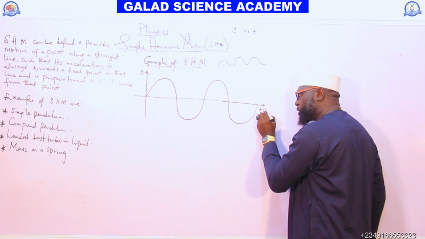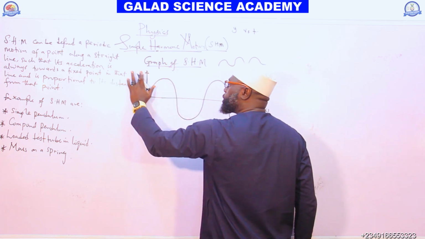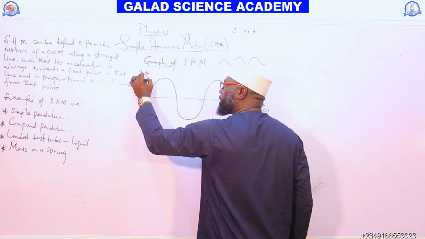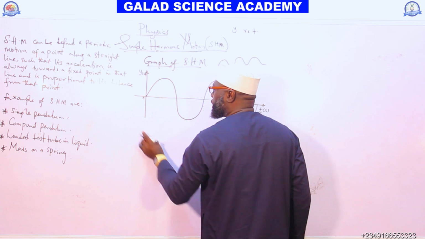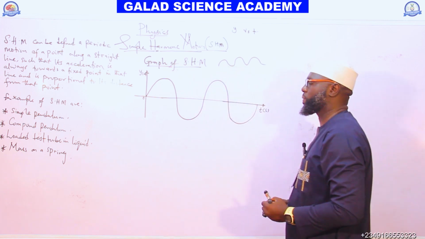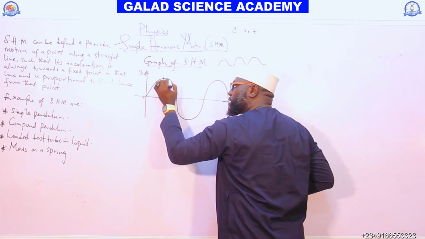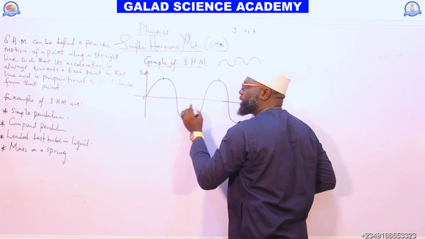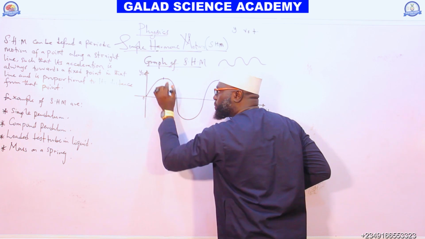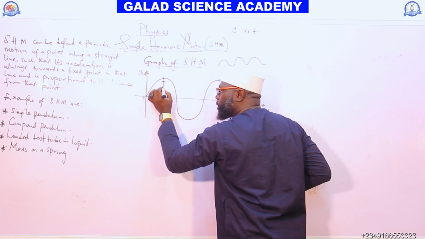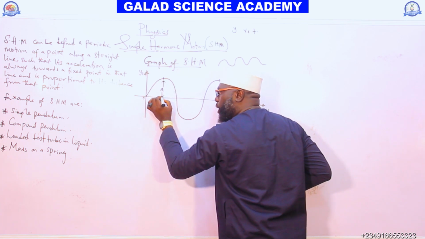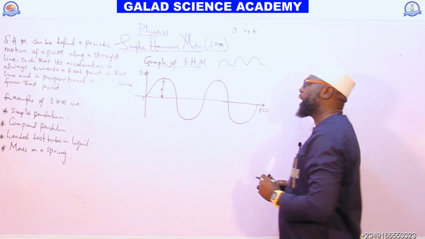This is time in seconds, this is displacement in meters, and here is the origin. This place is the crest. The distance between this and this we call A, which is the amplitude.